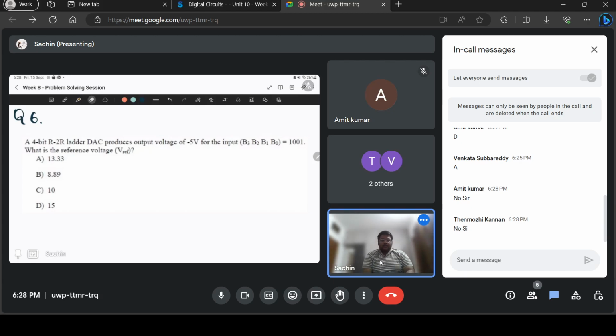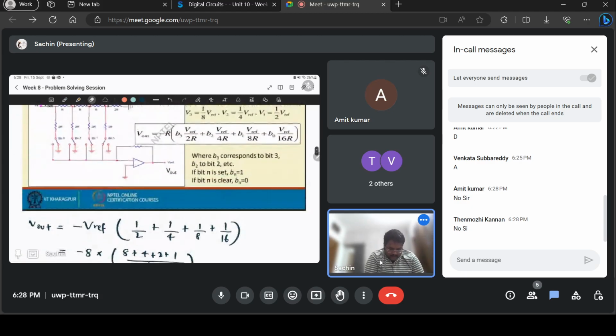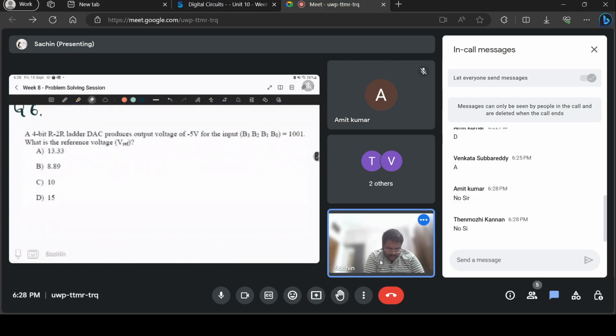Again the formula doesn't change. It's the same formula.